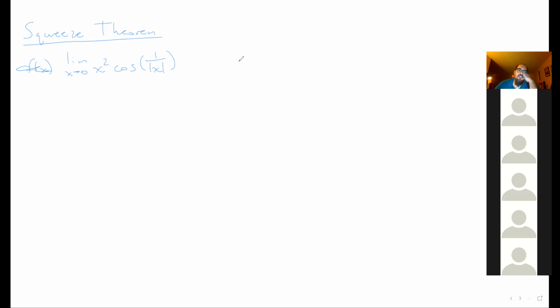Yeah, so part of what we need to do is, one thing I know about cosine of x is that it has bounds above and below. So it's never less than -1, never greater than 1, right? Yes.